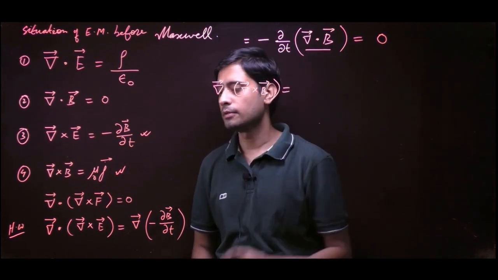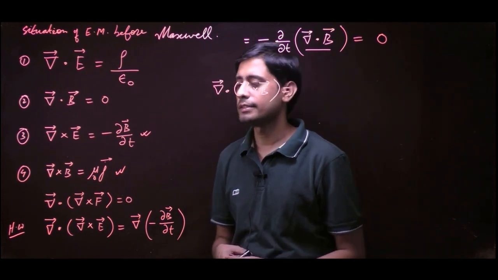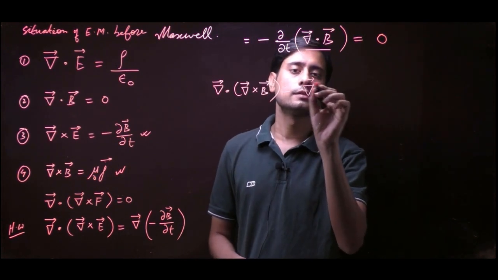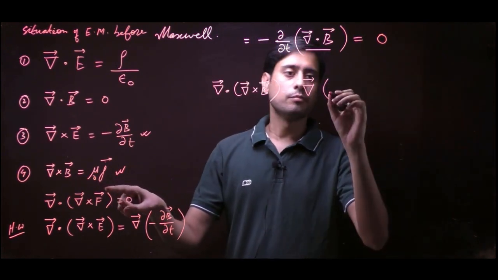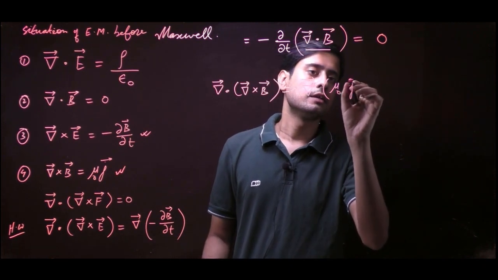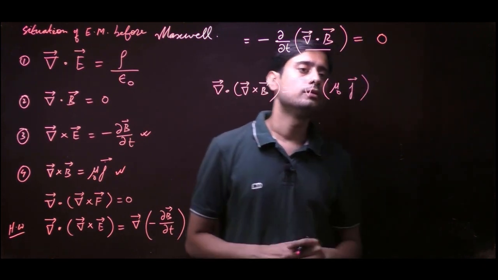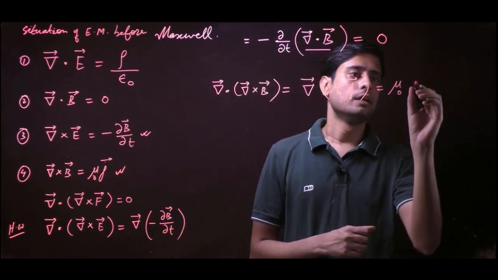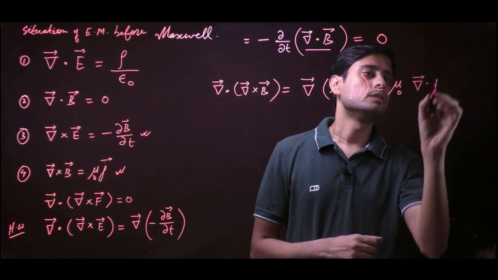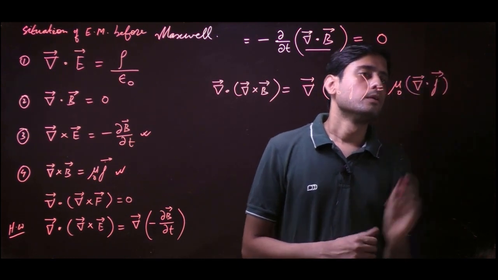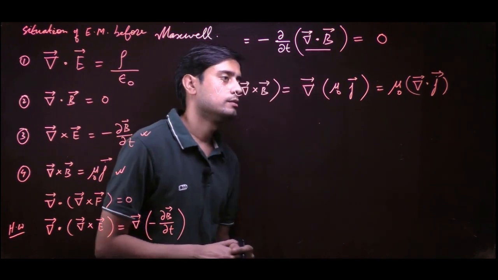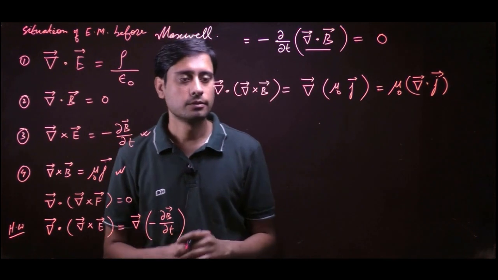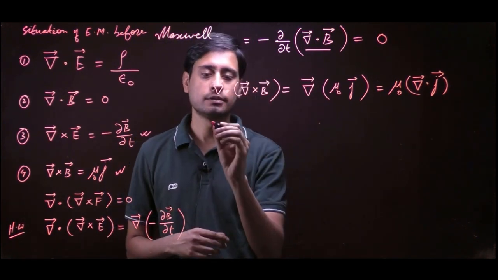But it must be equally satisfied by the right hand side, so the divergence of mu naught J must be 0. I am just taking the constant term outside, leaving del dot J. We have to calculate this del dot J term separately, so let's calculate it.